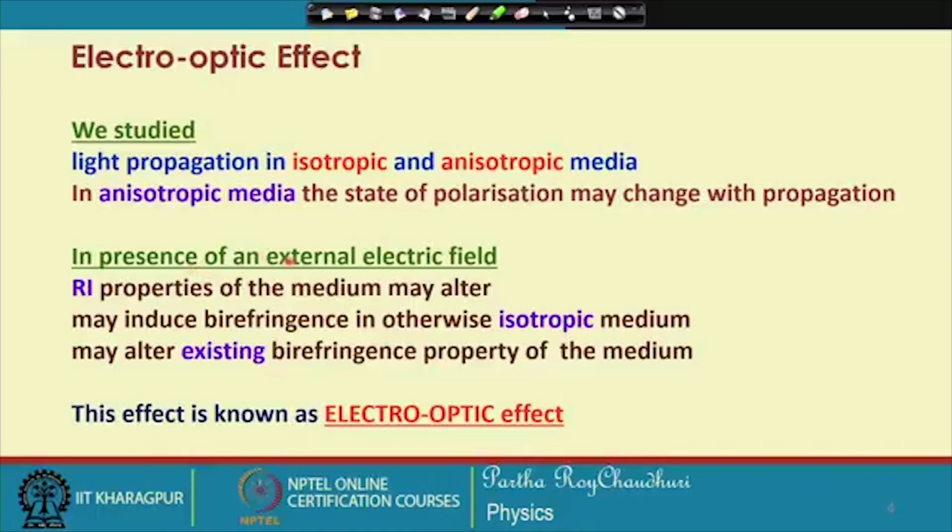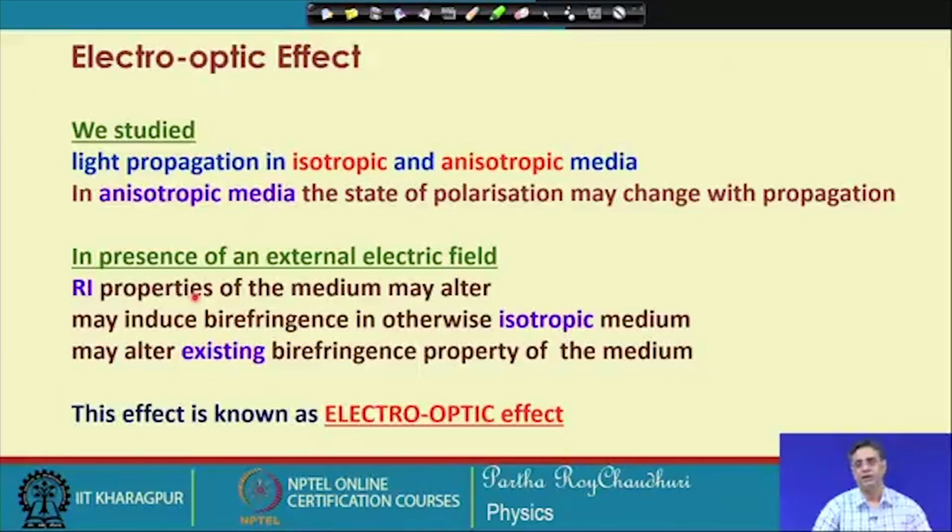But in presence of an external electric field, the refractive index properties of the medium may undergo change, and as a result it may induce birefringence in otherwise isotropic medium, and it may alter the birefringence properties of the medium which is already a birefringent medium.